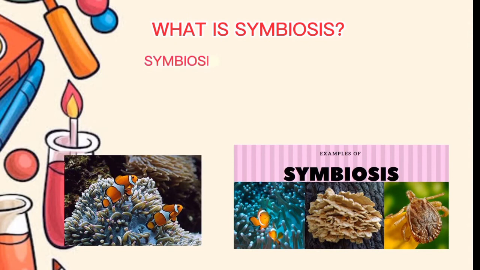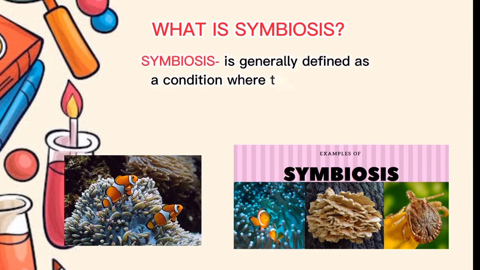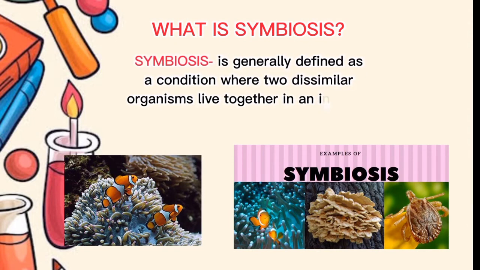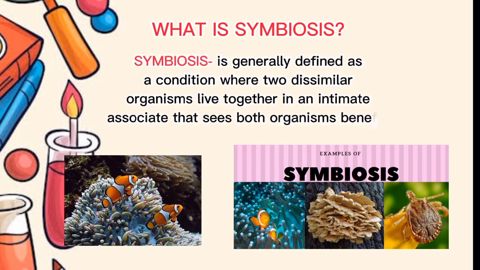So what is symbiosis? Symbiosis is generally defined as a condition where two dissimilar organisms live together in an intimate association that sees both organisms benefit.